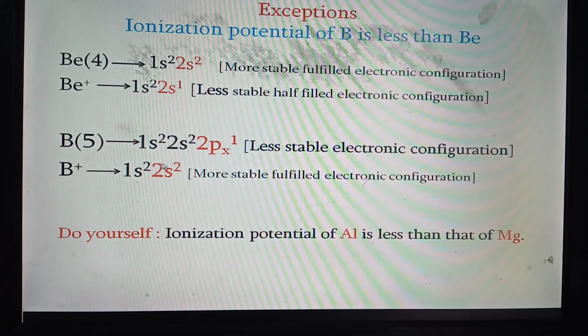It is a full filled electronic configuration. Since after removing an electron from boron, full filled electronic configuration is attained, it is more stable than beryllium plus. So the ionization potential of boron is less than that of beryllium.